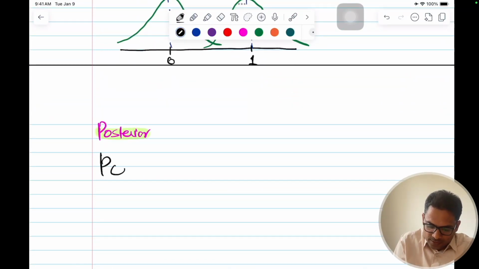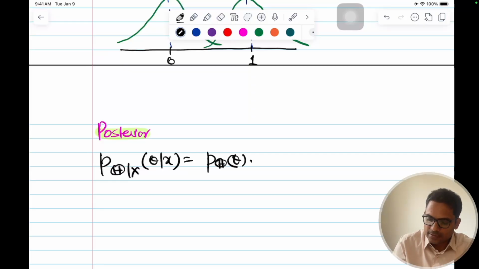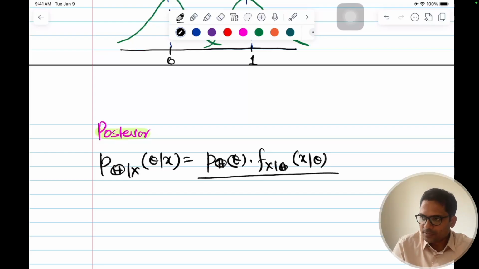P of theta given x is equal to P of theta into f of x given theta by f of x. Here it is f because it's continuous.